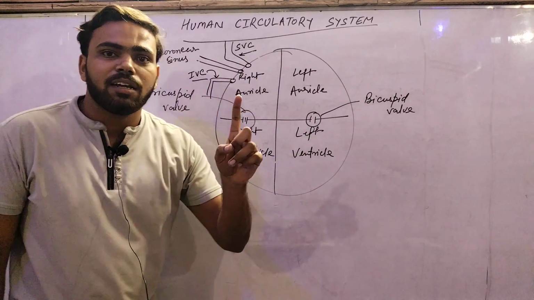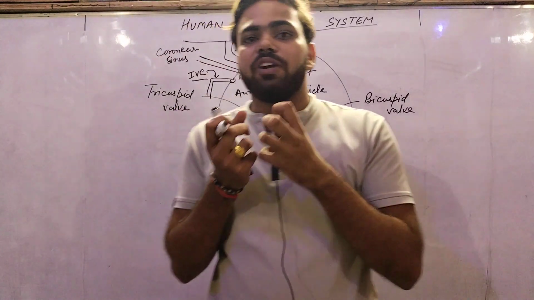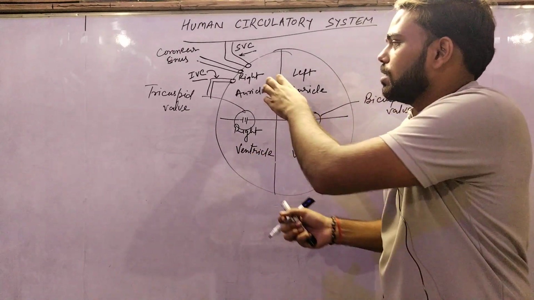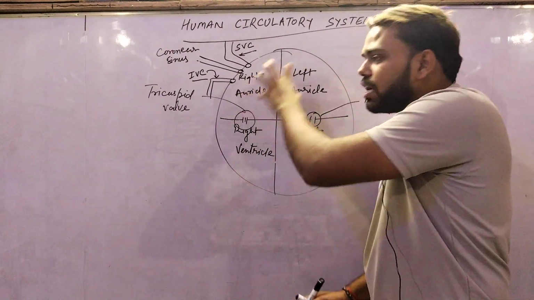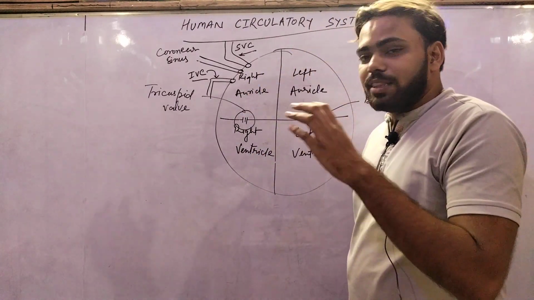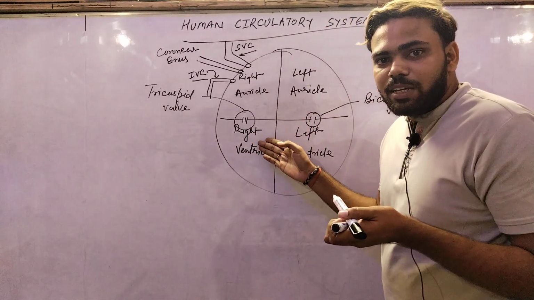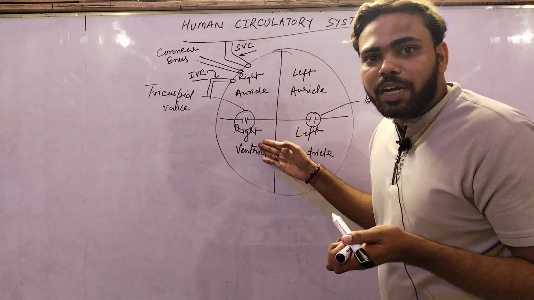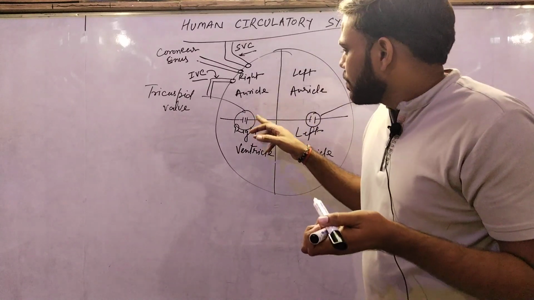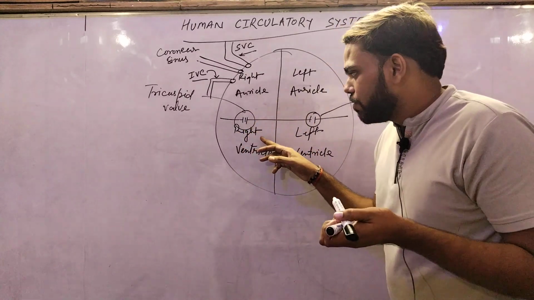So first site for the receiving of deoxygenated blood is the right auricle. After receiving by the right auricle, this deoxygenated blood goes in the right ventricle, that is just below it, by the help of tricuspid valve.